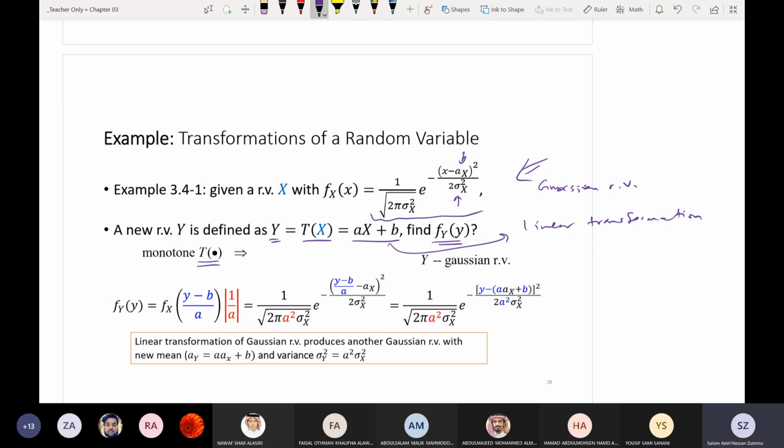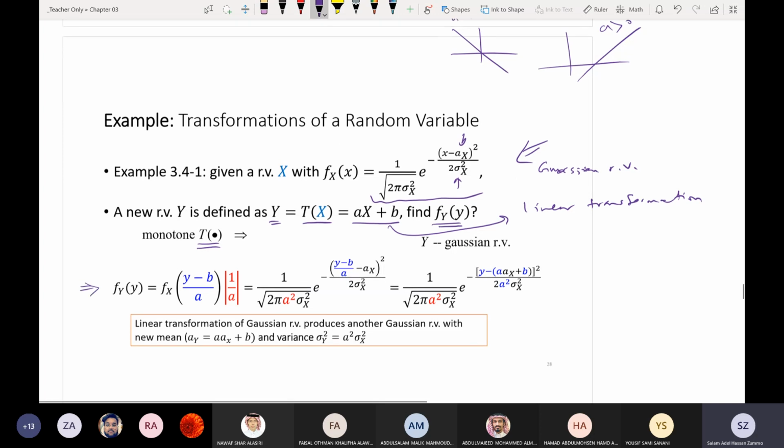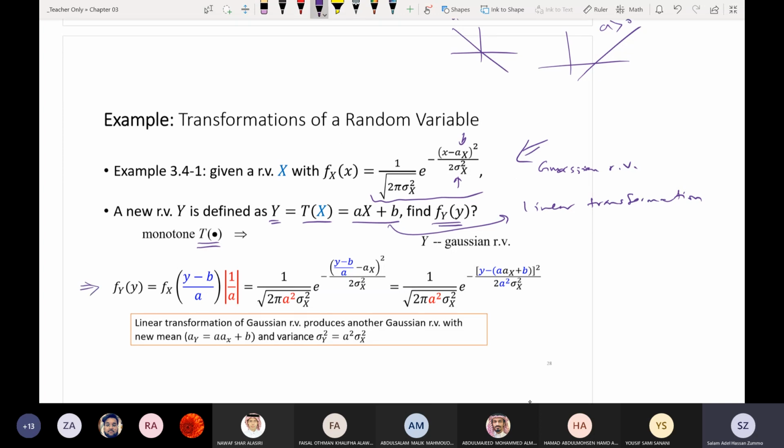ايش رايكم؟ Yes, it is monotone. Depending on the value of a, it will increase or decrease. Exactly. So it's either something like this if a is positive, or something like this if a is negative. However, it either goes up or down. And because of that, we can find the PDF of Y as the PDF of X at x equals T inverse of y.